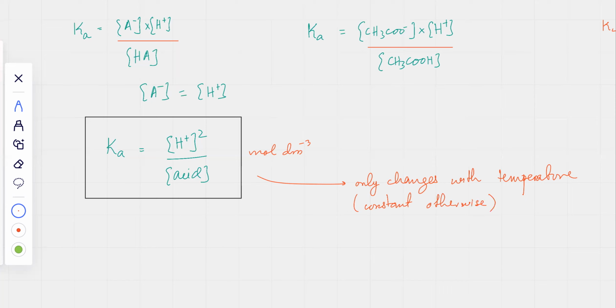Also, you should know that a higher K, a larger K, what does that indicate? A strong acid or a weak acid?